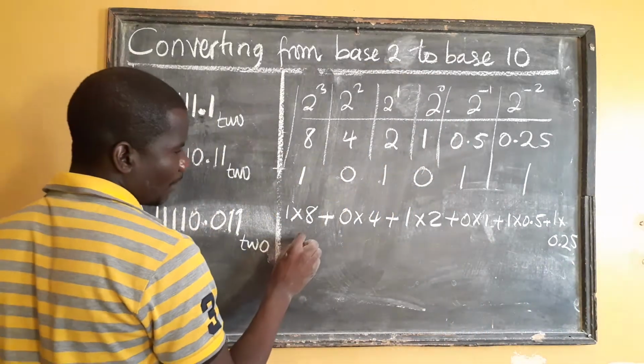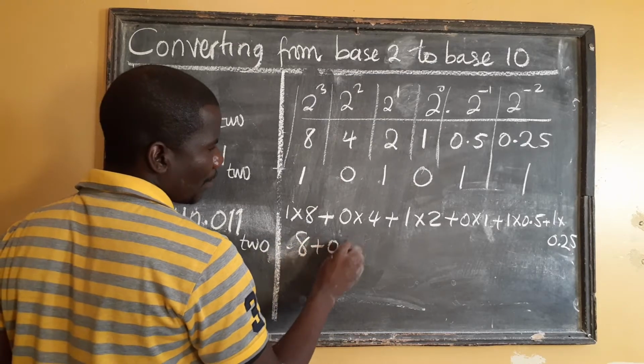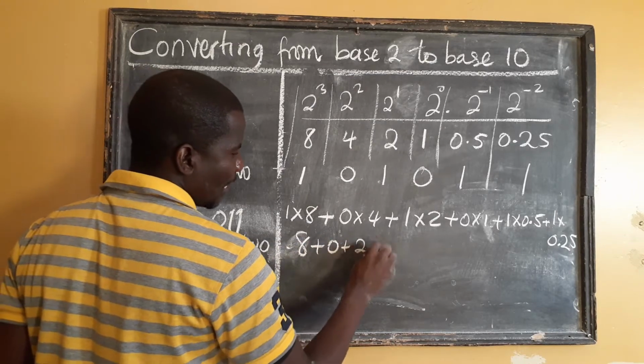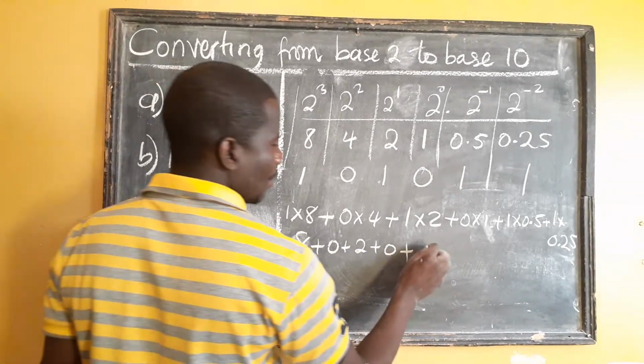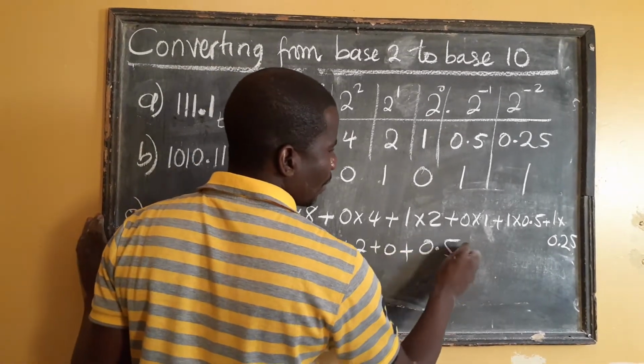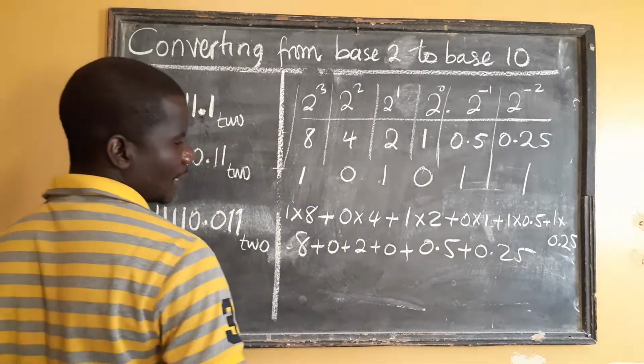So this is going to give me what? 8 here plus 0 plus 2 plus 0 plus 0.5 plus 0.25. That is what we are dealing with, isn't it?